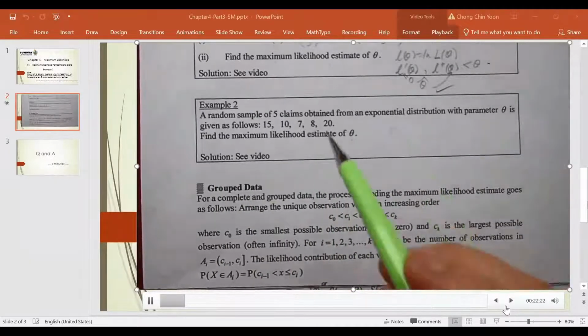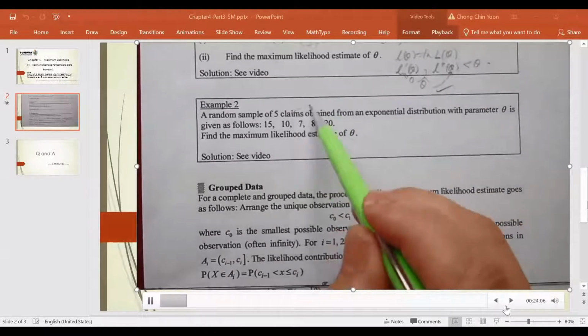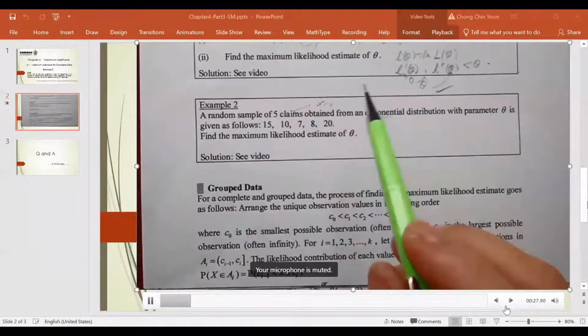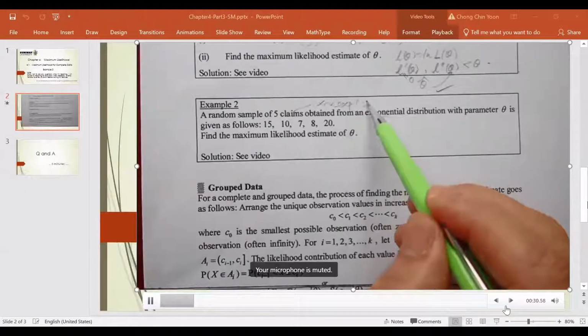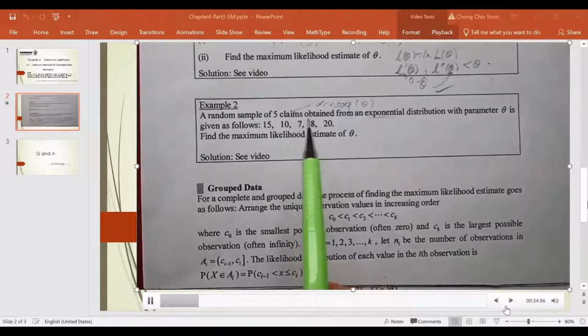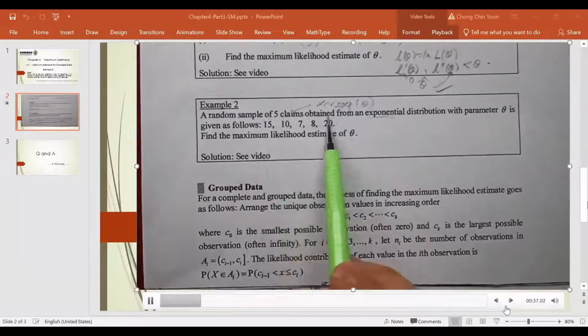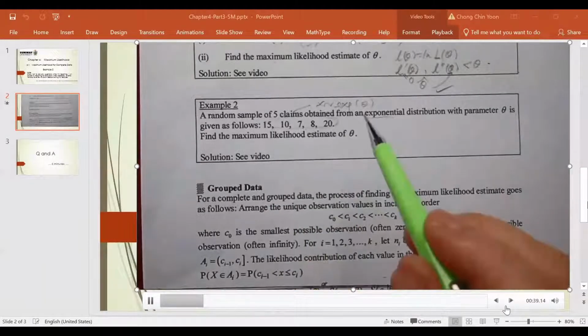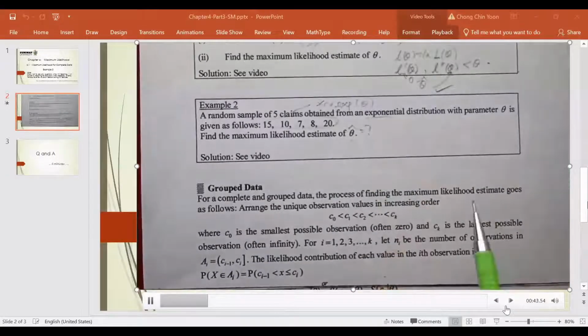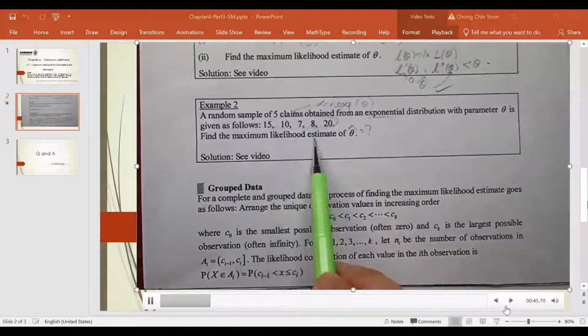So we let X be the claim random variable, where X is exponentially distributed with parameter theta. By considering these observations, we have to estimate the parameter theta by taking the maximum likelihood estimation.